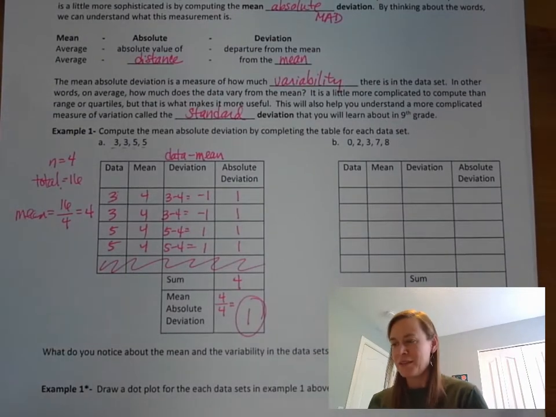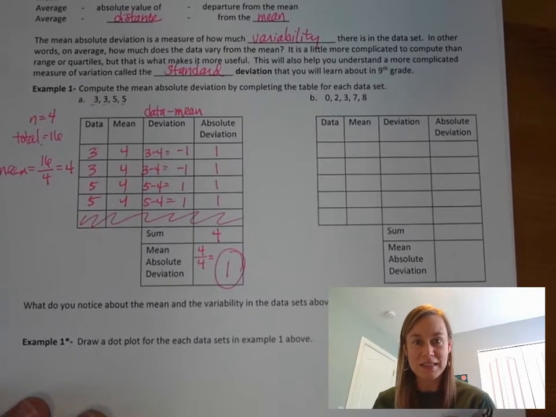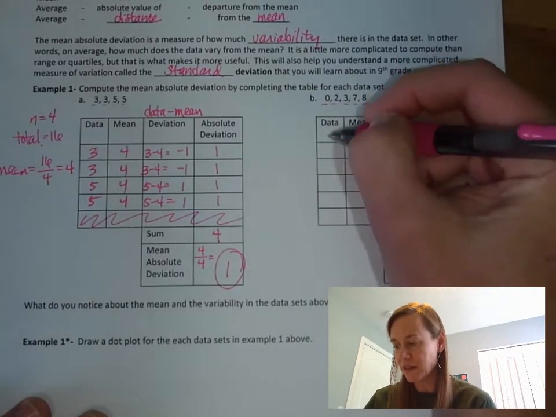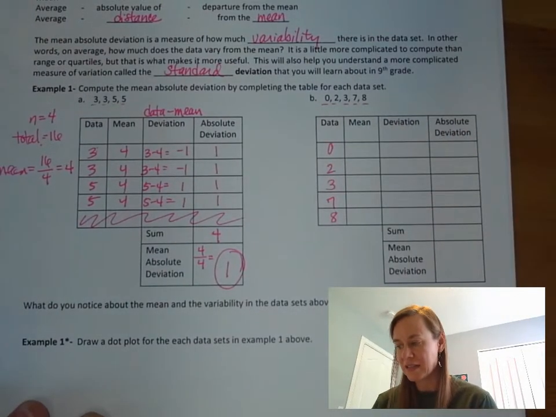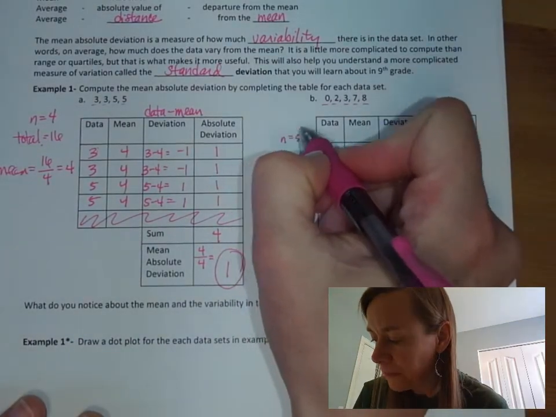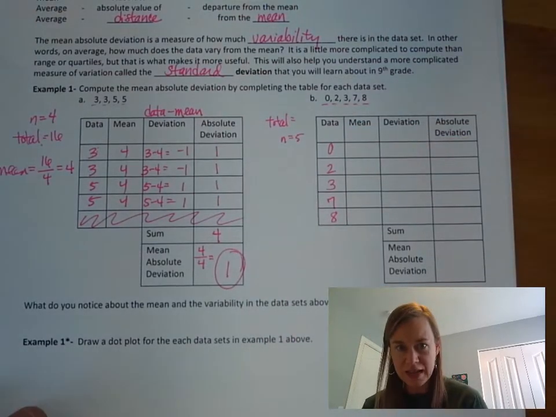Okay? So let's do another group of numbers so we can get a little more practice at this. So this time we have these numbers. Let's put them into our data column: 0, 2, 3, 7, and 8. Okay, how many numbers do we have? We've got 5. What is the total? Because we need to figure out the mean, so we need to add these up.